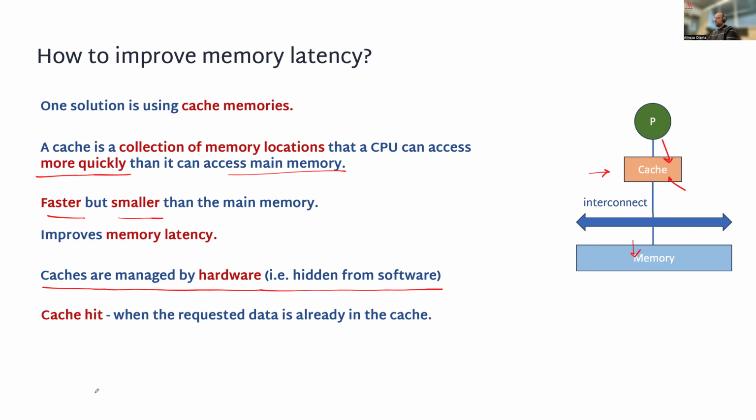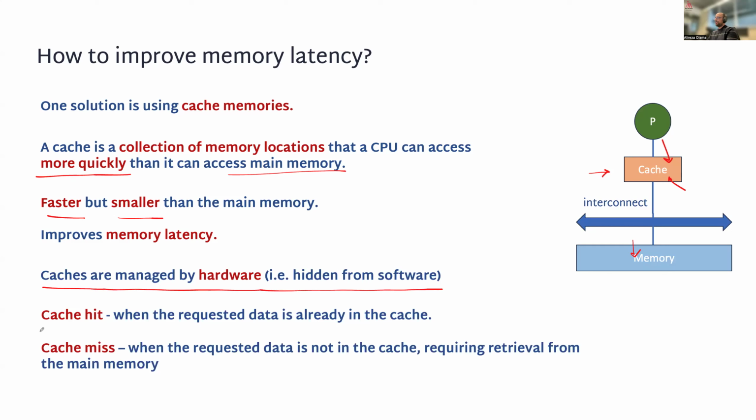There are two terminologies when you use caches: cache hit and cache miss. If the data is in the cache and you can fetch it successfully, you have a cache hit. But if the data is not in the cache and you have to get it from the main memory, it means that you have a cache miss, right? So being aware of these caches and the memory hierarchy is quite important in high performance computing.